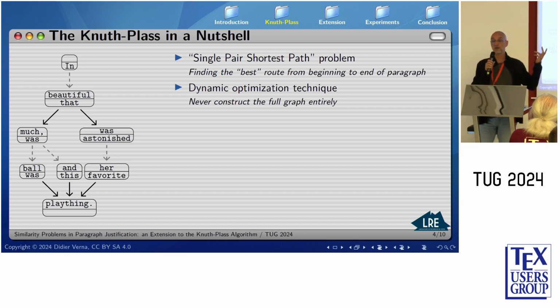So for instance, if I remember correctly, because I did that a while ago, for the example paragraph that we use, if you try to typeset it at an average width, the number of possibilities is manageable, but if you were to double the size of the paragraph, you would end up, for that paragraph width, with something like 200,000 different ways of breaking the paragraph in theory.